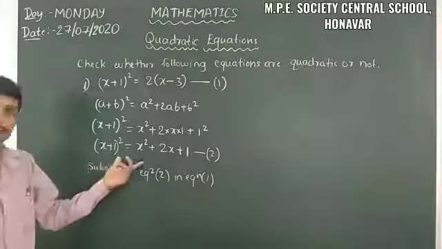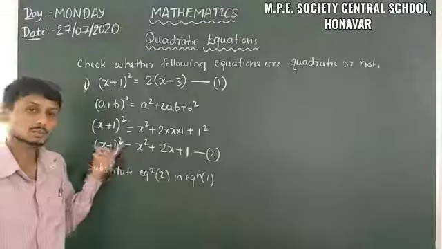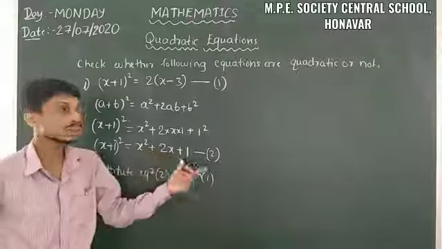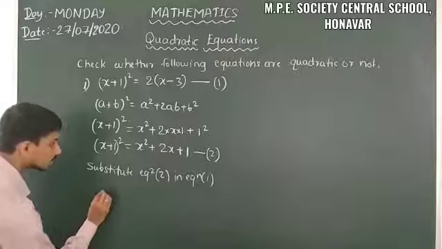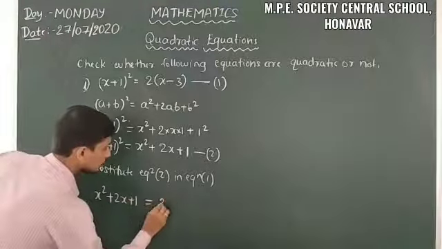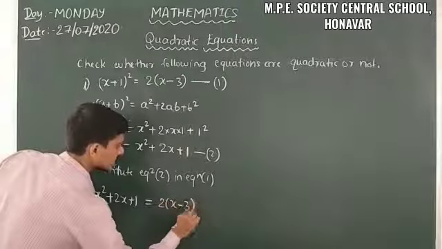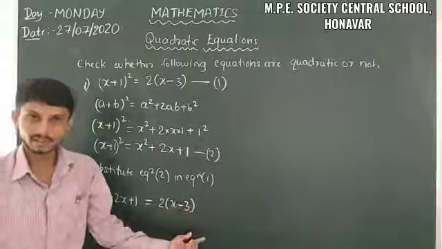So here we have to substitute the value x² + 2x + 1 for (x + 1)² on the LHS. That is x² + 2x + 1 = 2(x − 3). We have to multiply the 2 into the bracket.